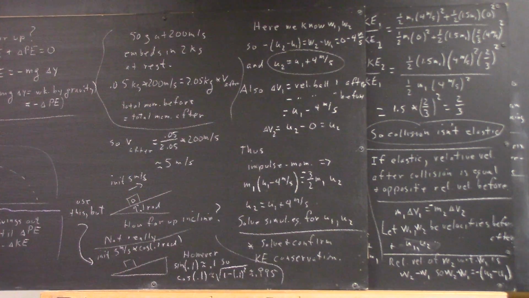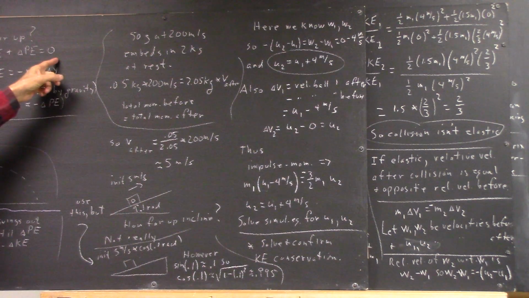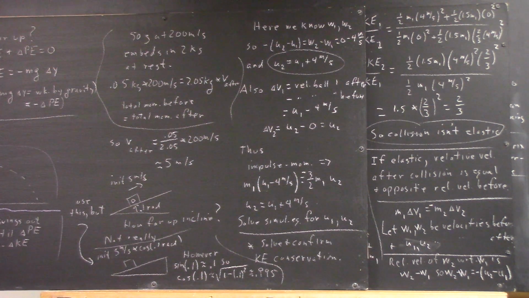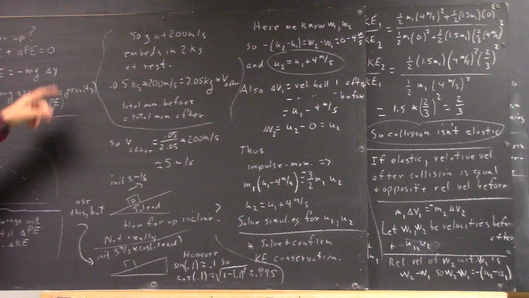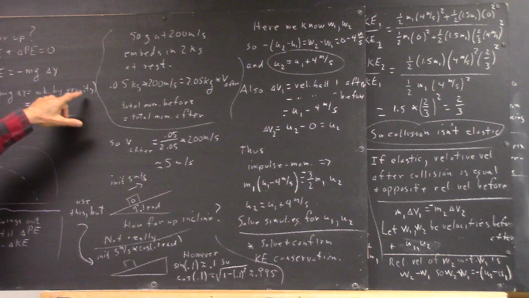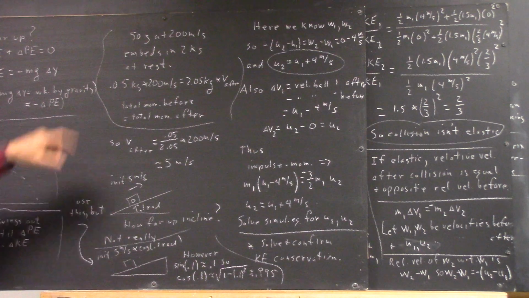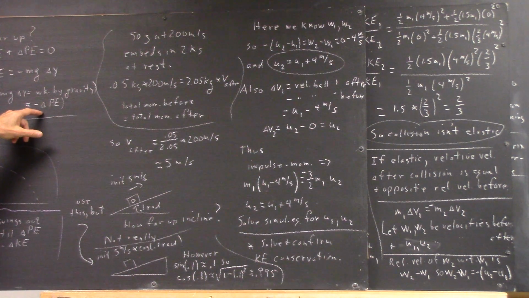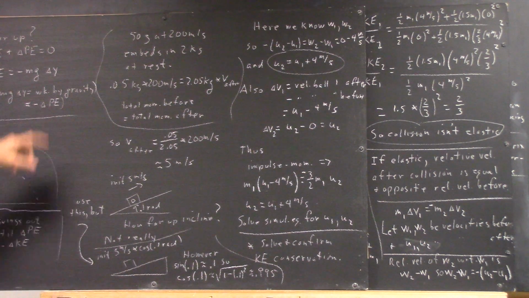Okay, so first of all, we understand from the work energy theorem that if there's no dissipative force, no other forces but the conservative force, that the change in kinetic energy plus change in potential energy is 0. So that the change in kinetic energy is minus mg delta y. And that's because negative mg delta y is the work done by gravity, and that's equal to the negative of the potential energy change.